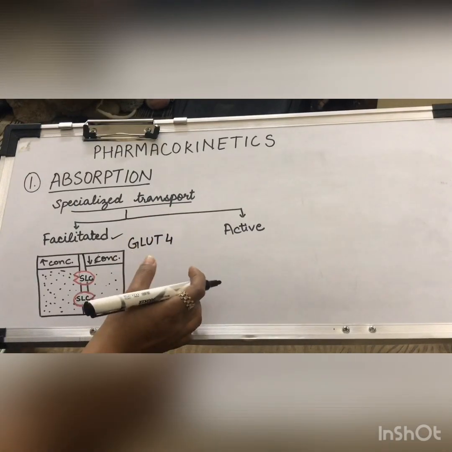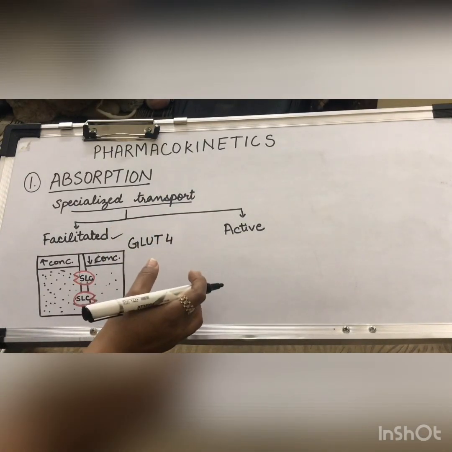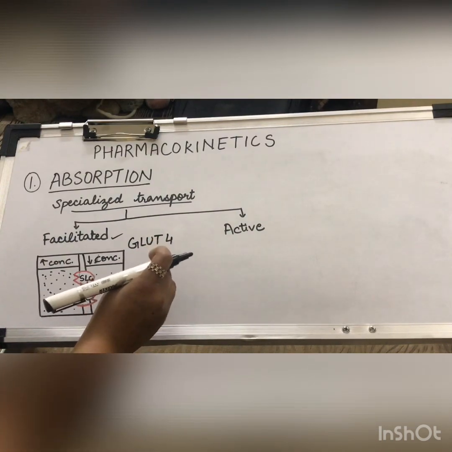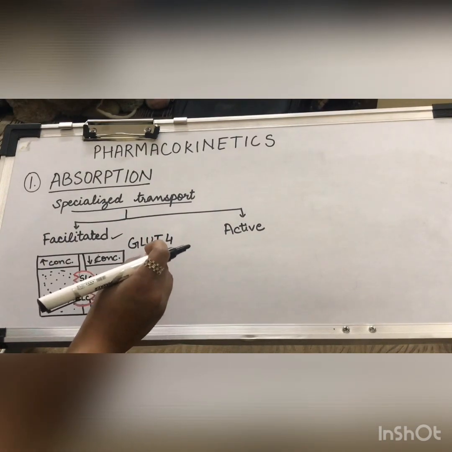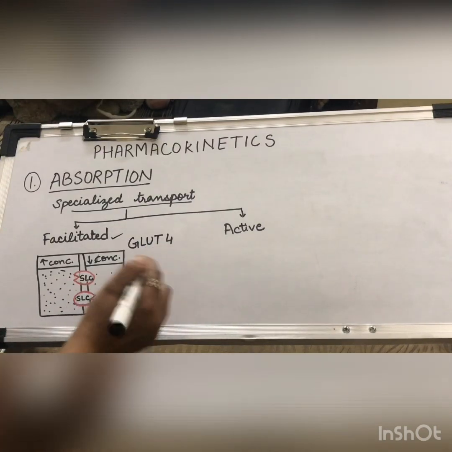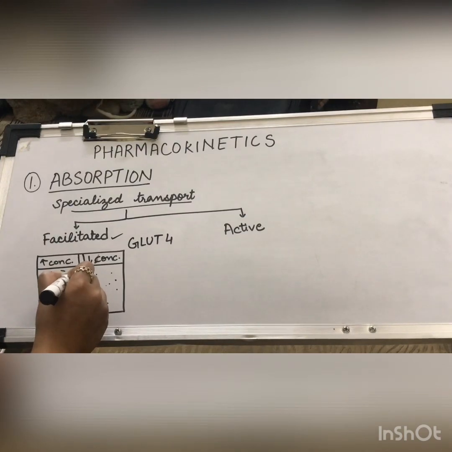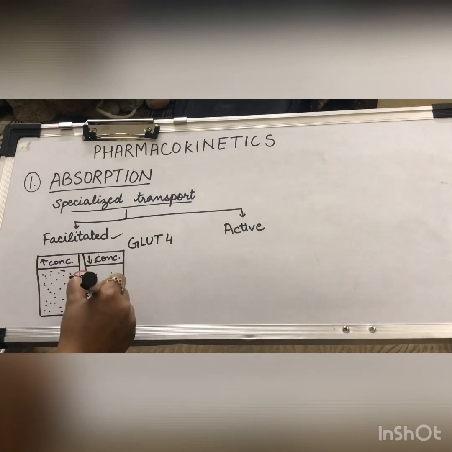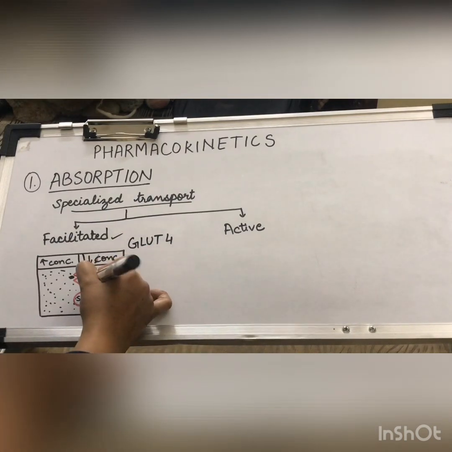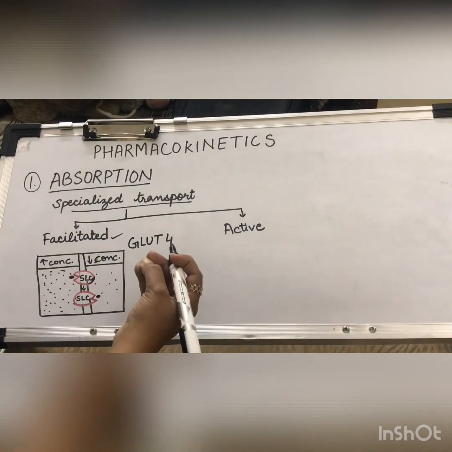These are the transporters for glucose molecules, which facilitate the entry of glucose into muscle and fat cells. They will just attach to a glucose molecule and transfer this from higher to lower concentration. This is known as facilitated diffusion, in which the transporters bind to a specific substrate.